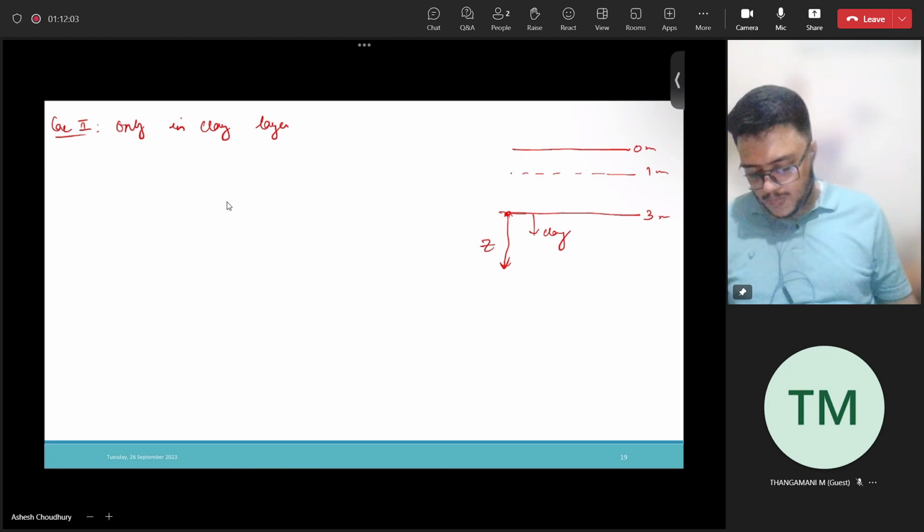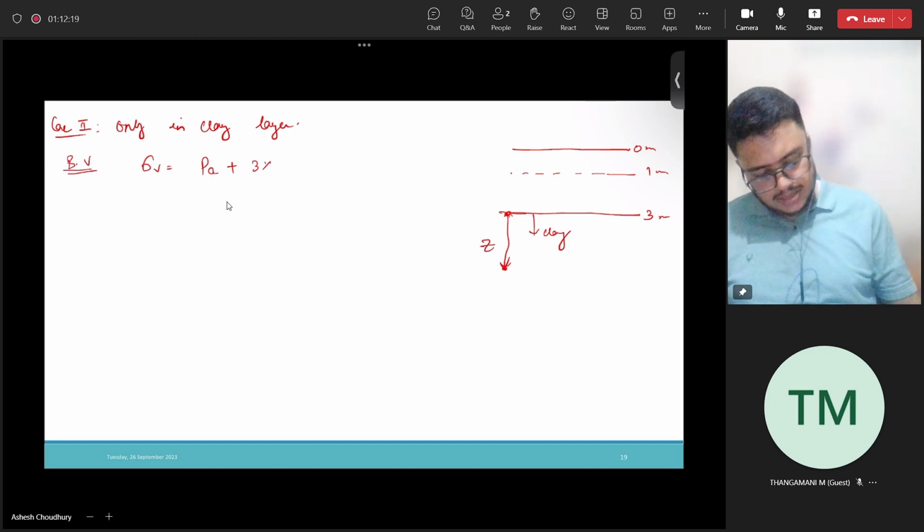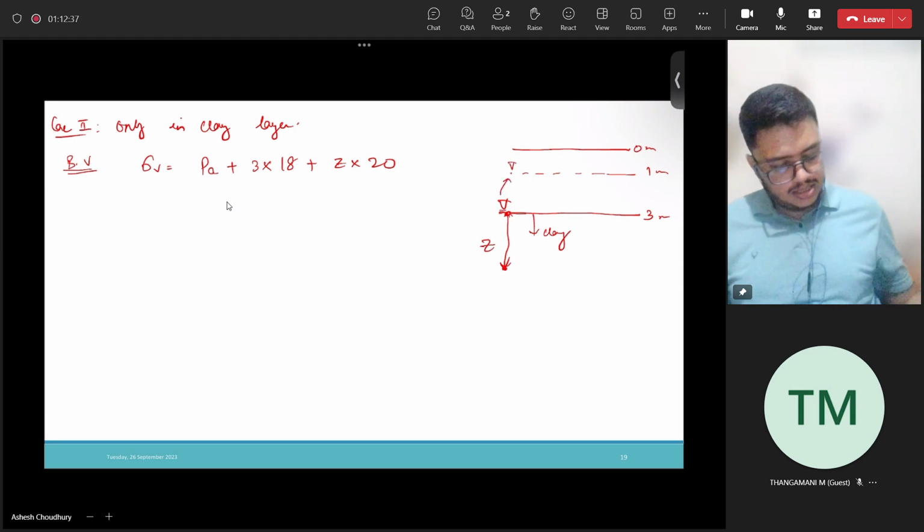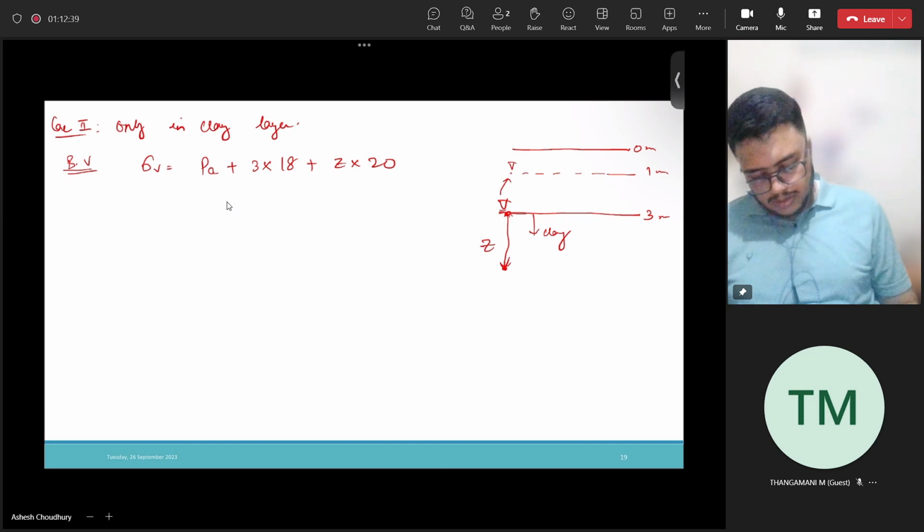Okay, so before vacuum, what is the total stress at any point here? Pa plus 3 times 18, where 18 is the dry unit weight, plus z times 20, because the initial water table was here and it will then rise to here.